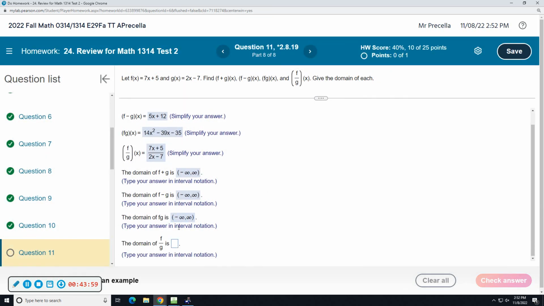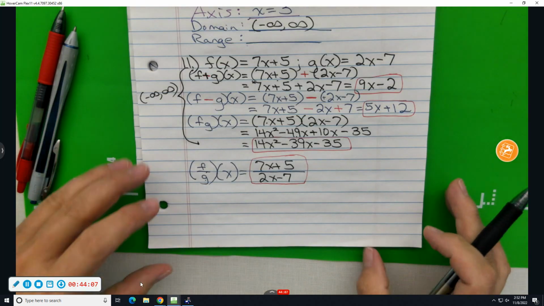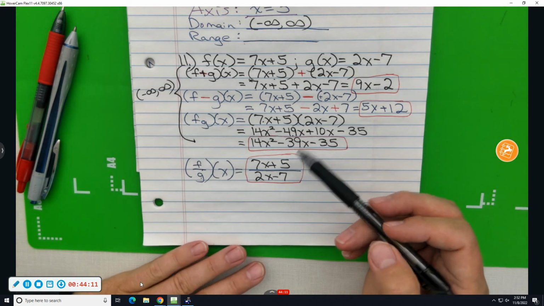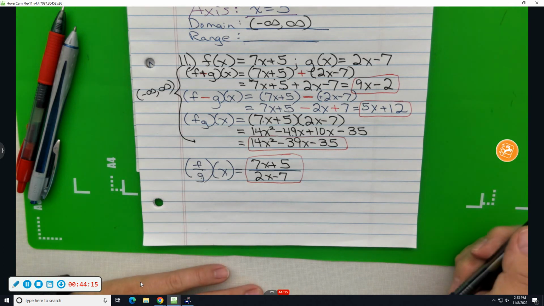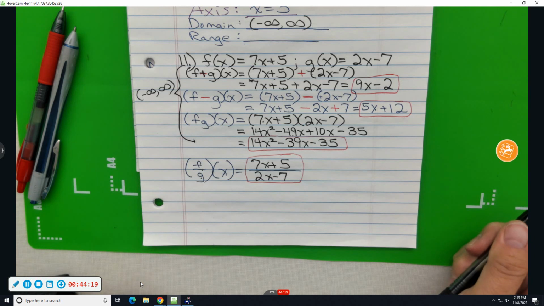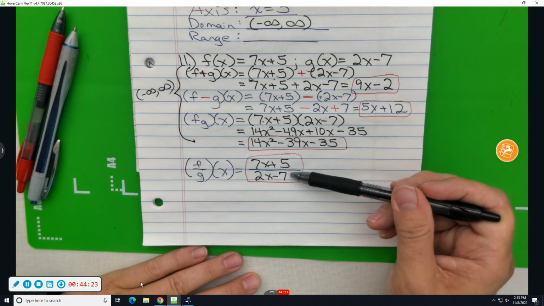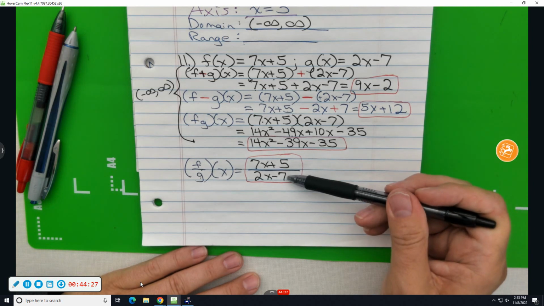Okay. Now the domain of f divided by g. We've already said these things are slanted lines. Slanted lines have all real numbers for domains and ranges. But when I look at this, we've picked up a fraction. We know that we can't allow a denominator to be 0.